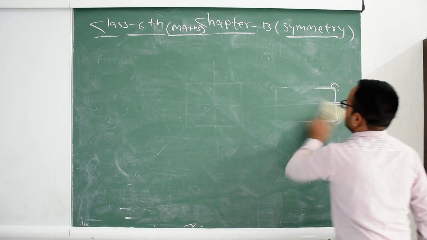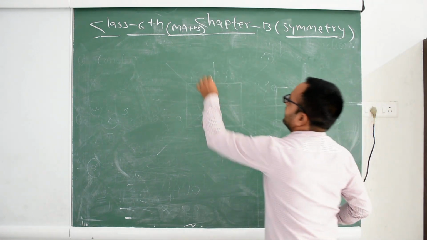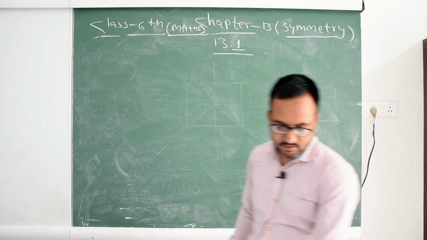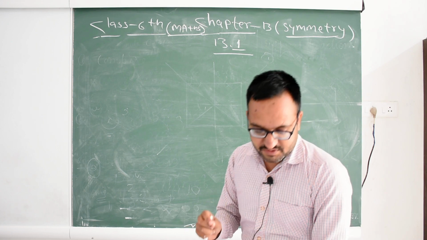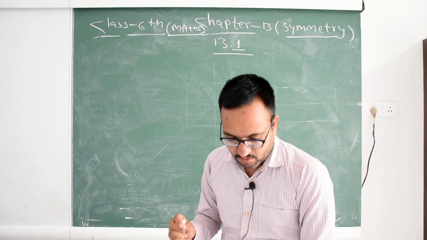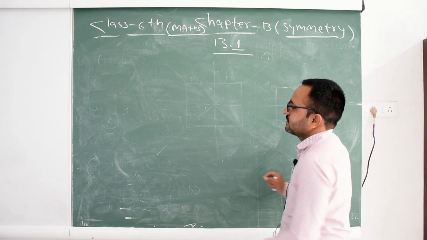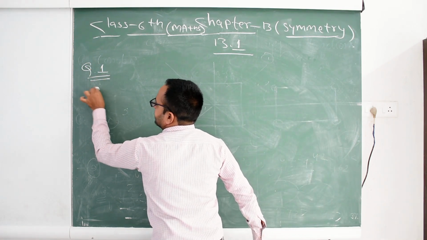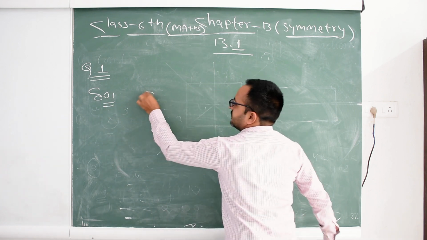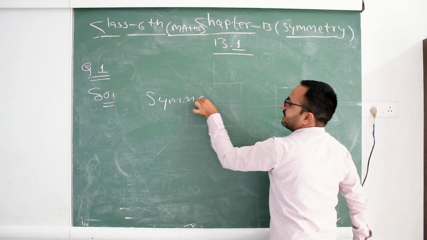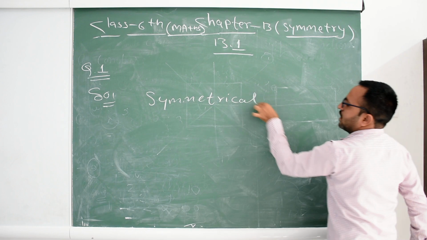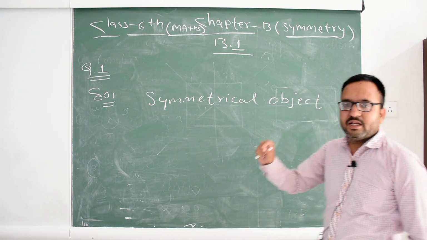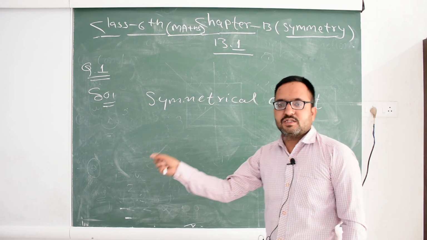Please see exercise 13.1, and question number 1 is: list any 4 symmetrical objects from your home or school. Symmetrical objects we use in our daily life, in our home or school.